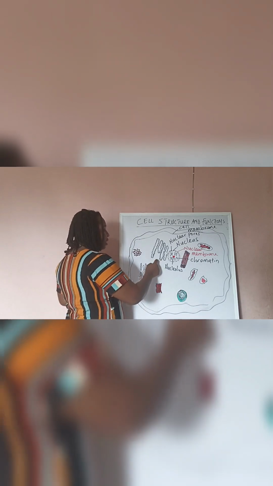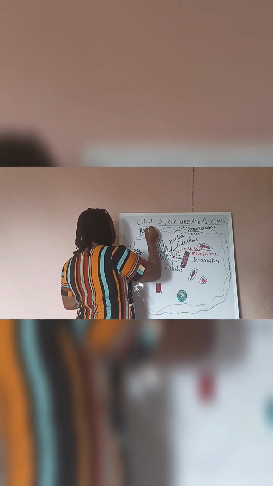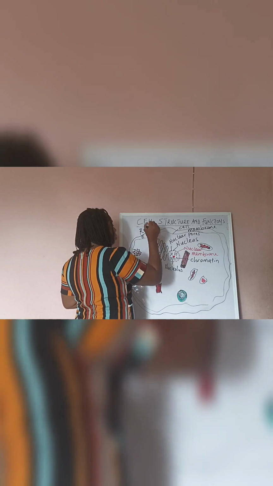So moving from there, we are moving to this organelle that is very close to the nucleus. This organelle is called the rough endoplasmic reticulum.